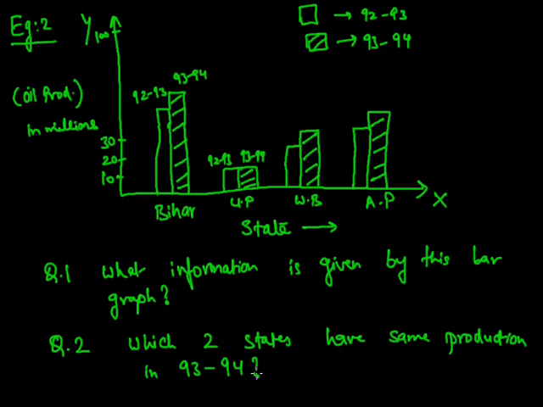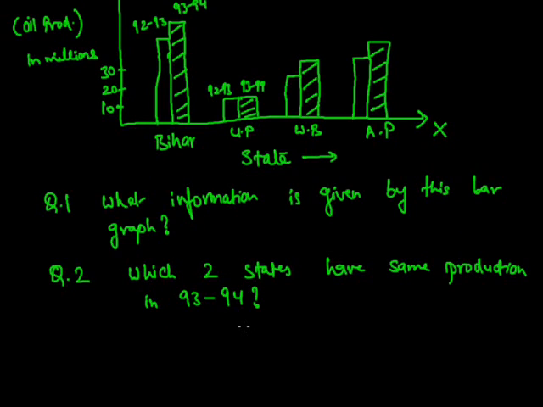So if you consider 93-94, you will only have to look at the shaded bars, because the red bar indicates the oil production for the year 93-94. So it is asked which two states have the same production in 93-94. As you can easily see from the bar graph, no two states have the same production in the year 93-94. So the answer will be no states.